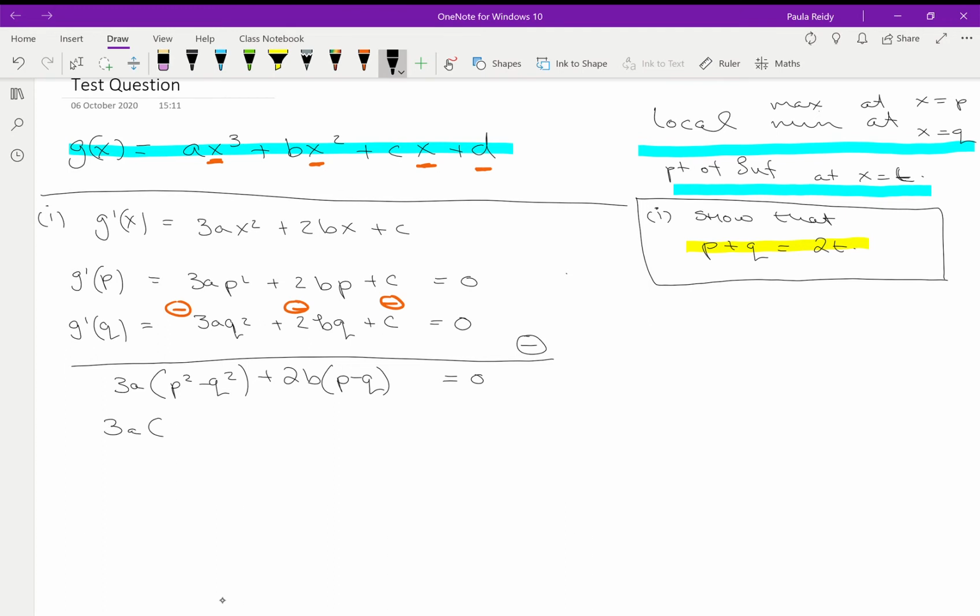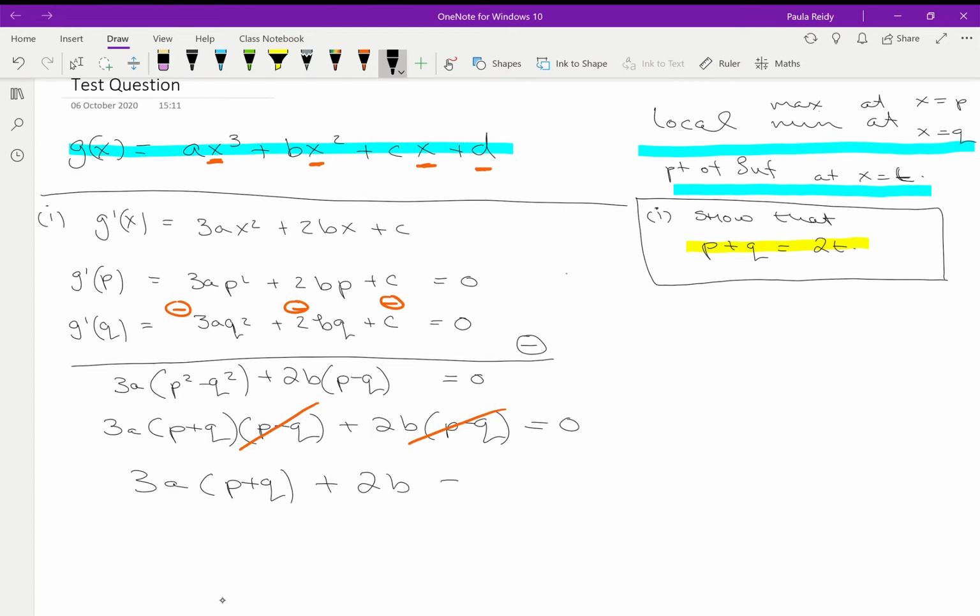So I went 3a times p plus q by p minus q, plus 2b times p minus q is equal to 0. Then I could see a common factor running across, p minus q, so I decided to cancel that out. It's basically dividing by p minus q. Now I'm left with 3a times p plus q plus 2b.